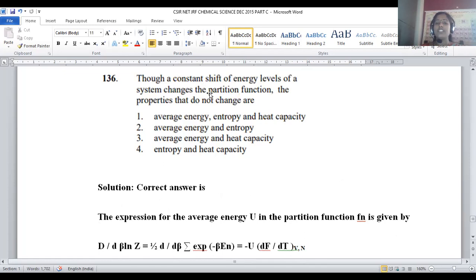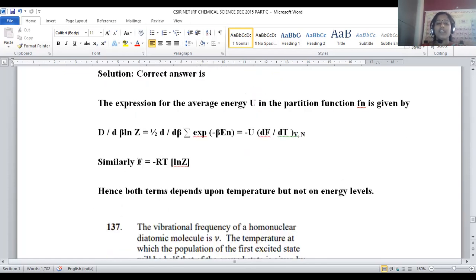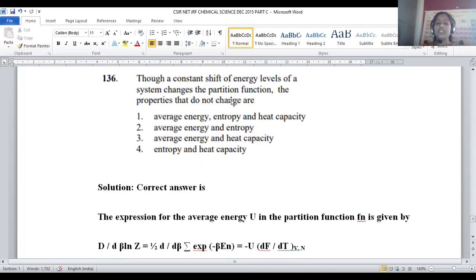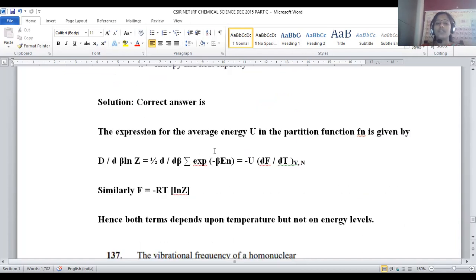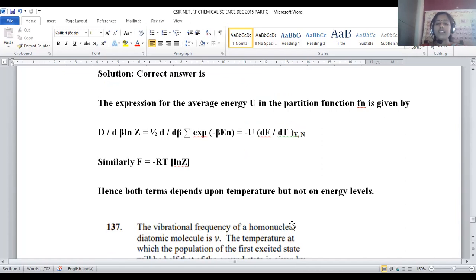This is the equation in order to correlate energy and partition function. So here the energy partition function also changes, right? But F is equal to minus RT ln Z. Based on this, it is very clear that average energy and entropy are not dependent upon this shift. They are dependent on the temperature rather than the energy.